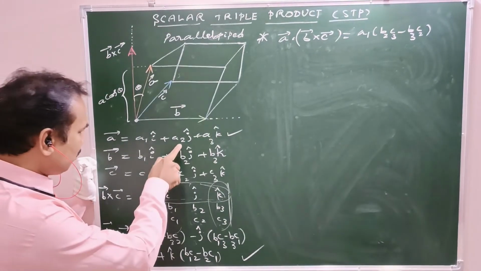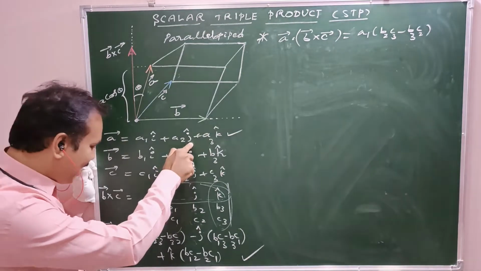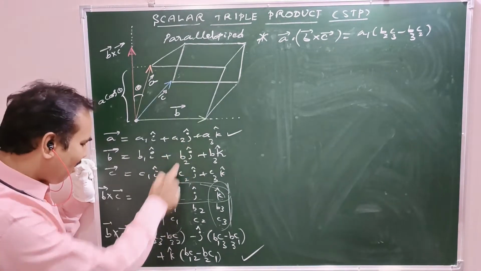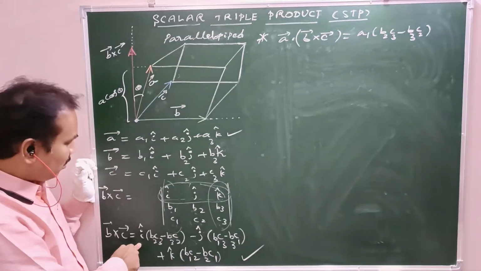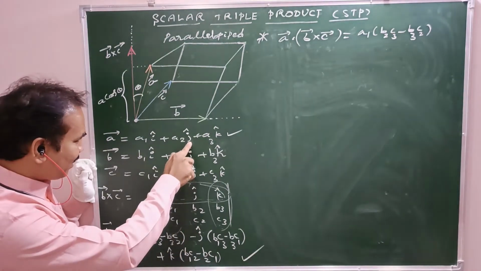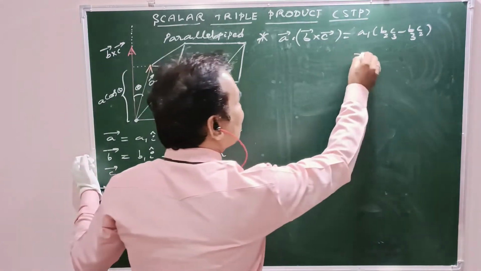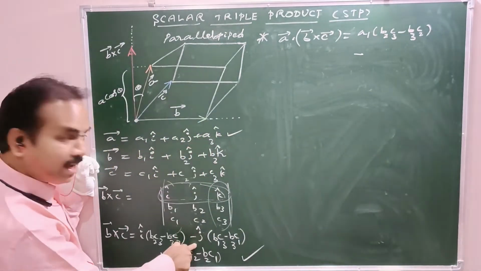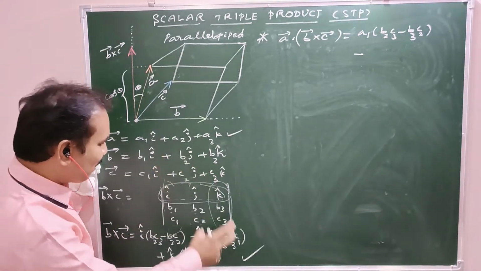Now coming to the second multiple, that is j cap with j cap. So j cap into i cap, that is j dot i. j dot i means 0. So no need to take the first term. Now this term: plus of minus minus, plus of minus minus, plus of minus minus. j dot j means 1. That is 1 into A2 multiplied by this one.